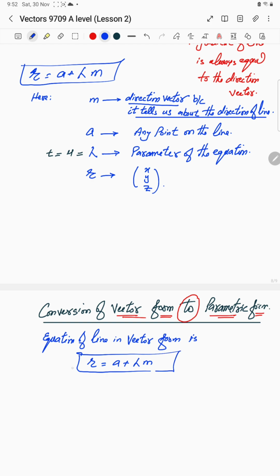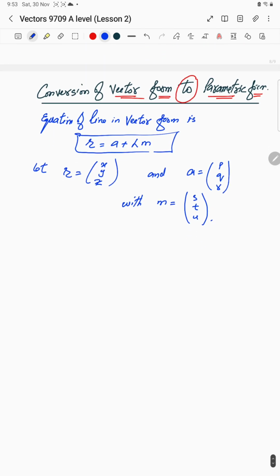Suppose r has coordinates x, y, z, and any point A is p, q, r, the point on the line, with the direction vector m. The direction vector we can say is s, t, u.